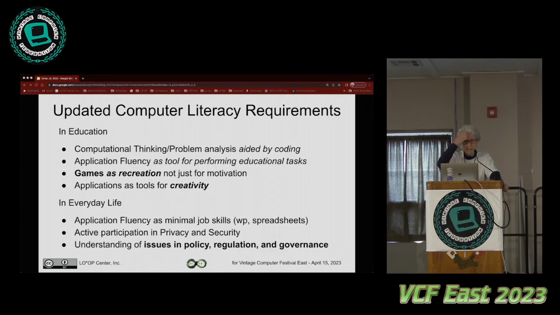We do need a little bit of coding, in the sense that we need to be able to set the parameters on the apps, set our preferences, make our selections on Netflix, and make our doorbell work the way we want it to.